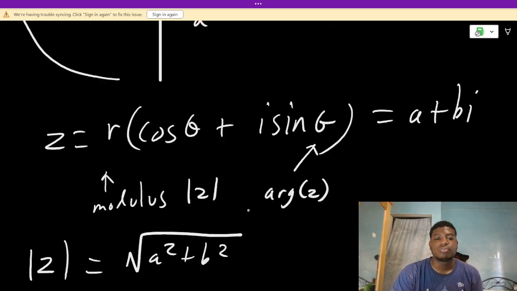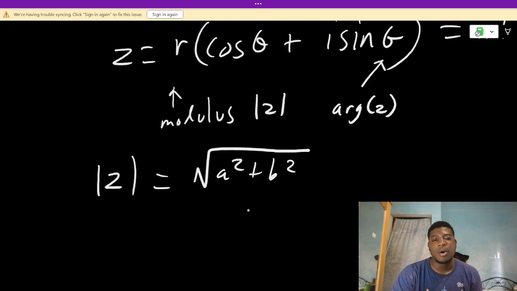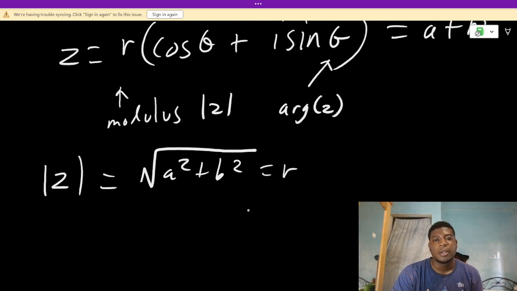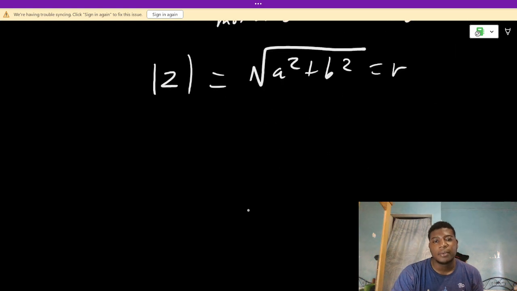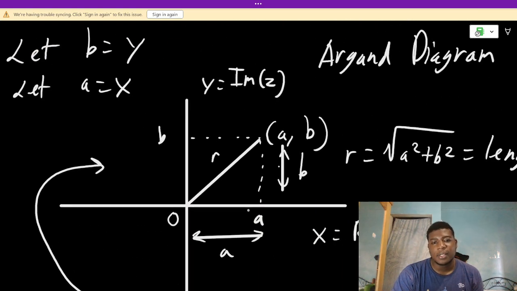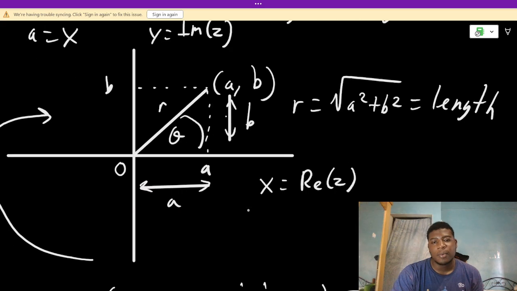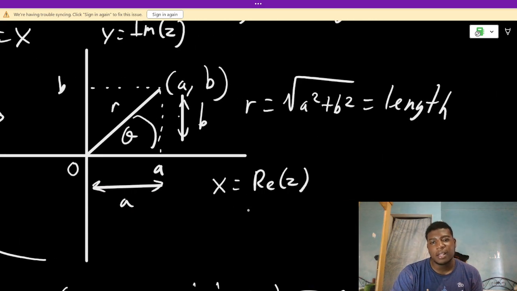So now we have our r and theta, which is the measurement here. What happens is that theta can now relate b and a to cosine and sine.